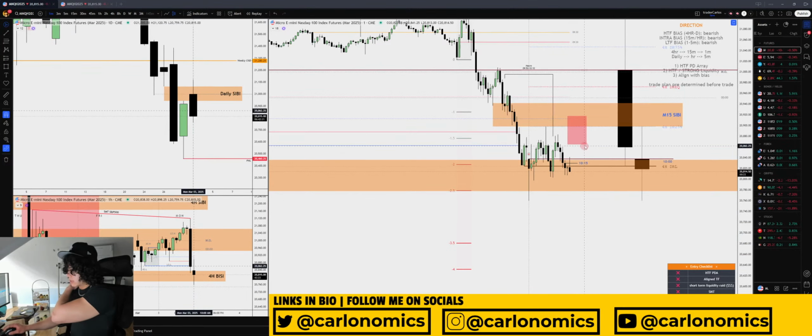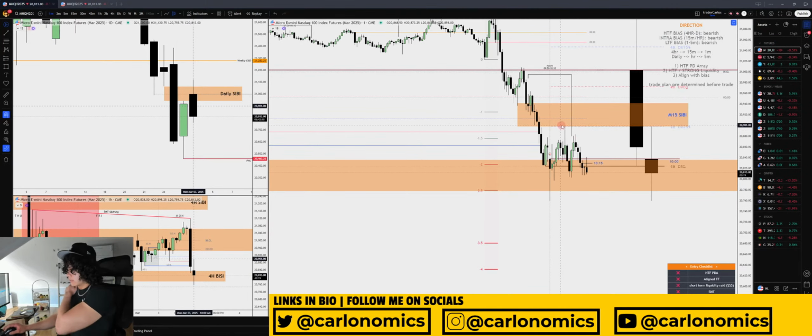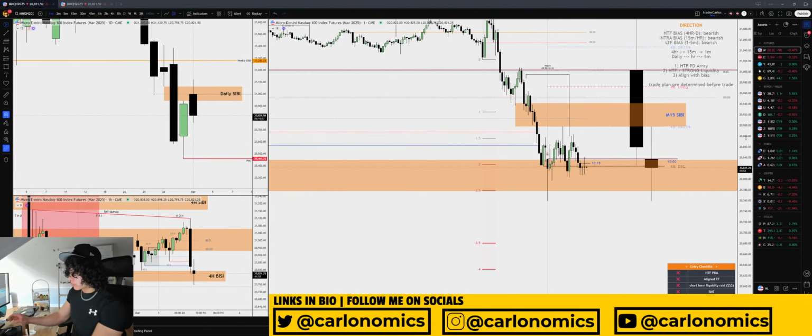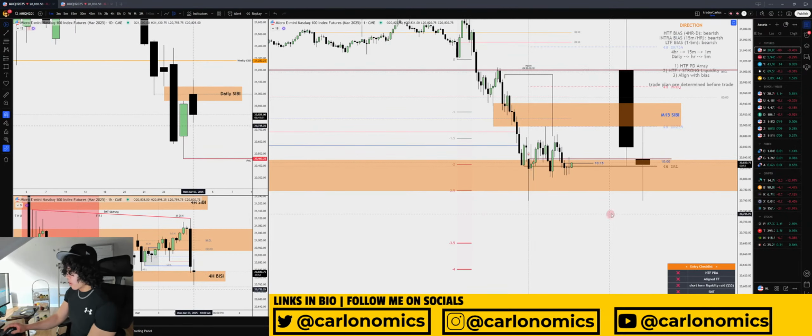If we don't want to rebalance it and then continue pushing lower, then the 15 will likely just be a breakaway. Because we still have the news low down here that we haven't taken.